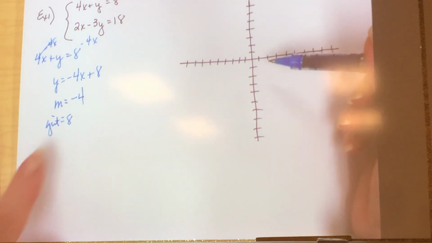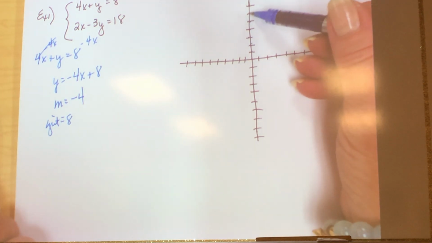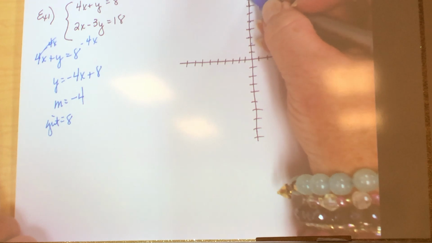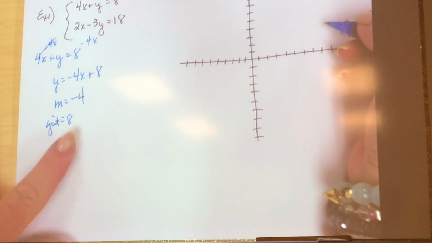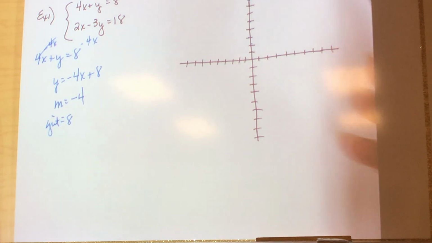All right, my y-intercept is 8, so I'm going to go up 1, 2, 3, 4, 5, 6, 7, 8. Make a mark. And then I'm going to use my slope of negative 4. Now listen to me. Should we all have approximately the same points on our graph? Okay? People, how many dots do you have to have on a line? 3. I asked you to put 3. Okay? So we all should have 3 dots, and they really should be the same. Some people might go up and to the left instead of going down and to the right.